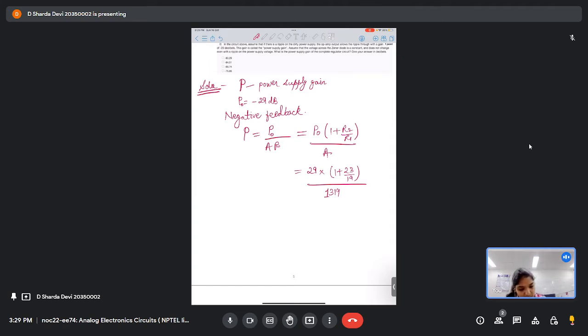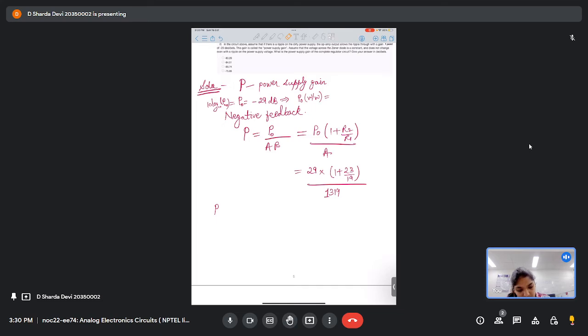So we can do one thing. Let's say this P naught is given in decibels, and this is power gain. So let's convert into absolute gain first. This is 29 dBs. When we talk about actual gain, watt by watt, it is 10 log base 10 of P actual.